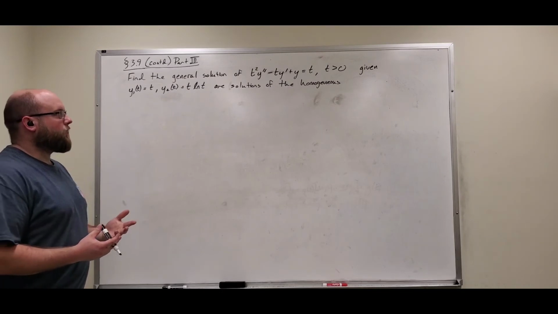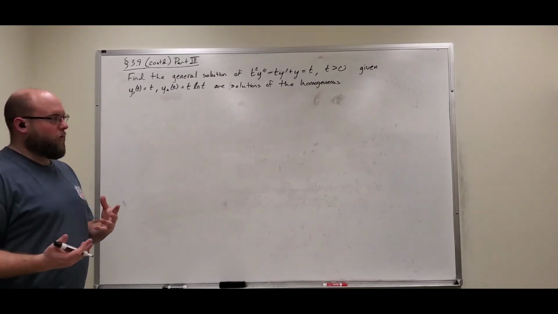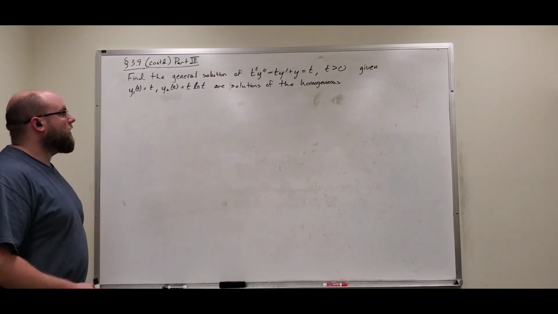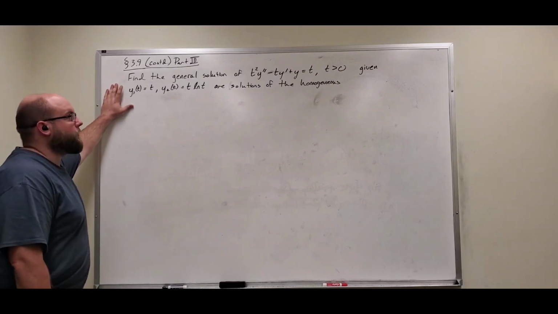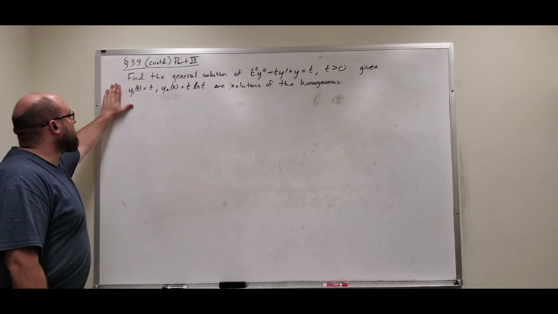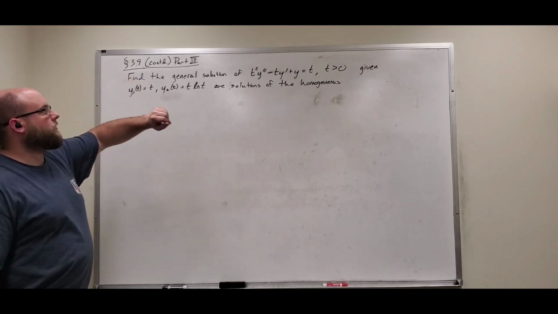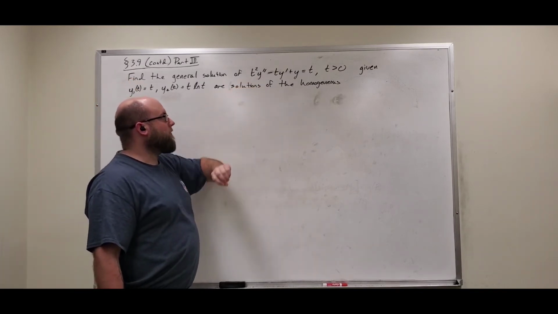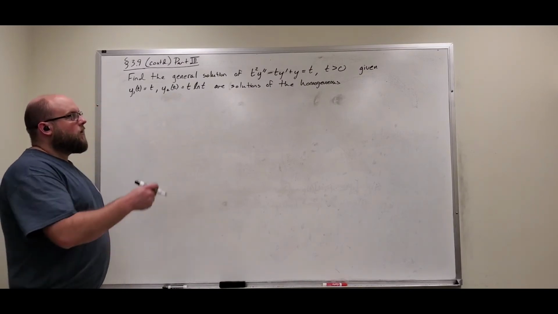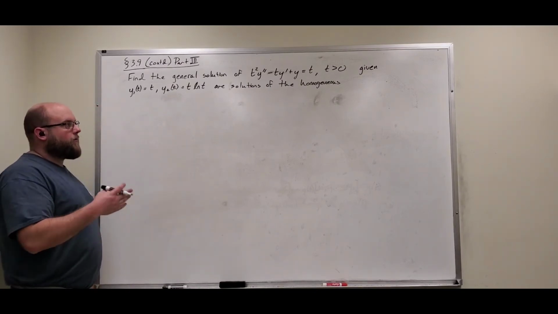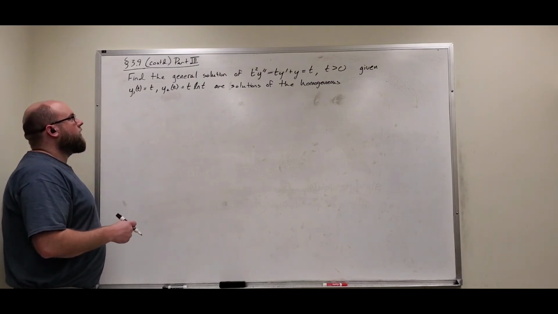One, because it's a really not that bad approach for these problems, and also what happens if we don't have constant coefficients. So in this particular example, we are going to find the general solution of t squared y double prime minus t y prime plus y is equal to t, where t is going to be greater than 0. That's our interval that we're going to be dealing with.